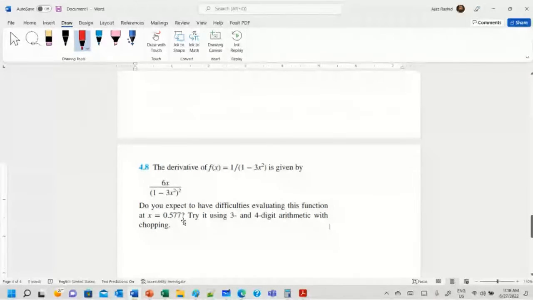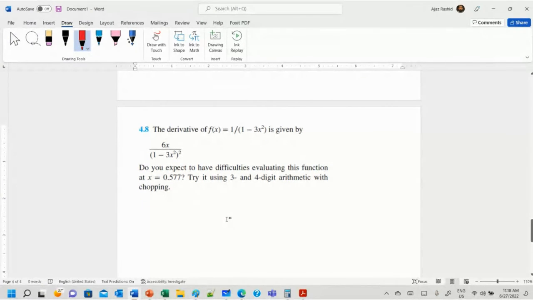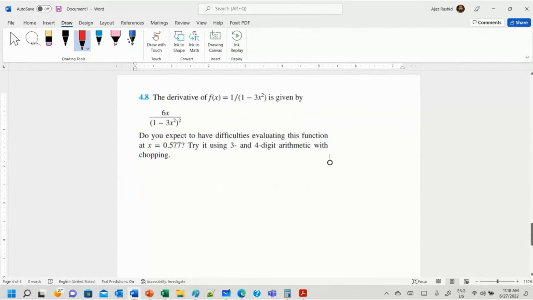Problem 4.8 says the derivative of the function is given by 6x over (1 minus 3x squared) the whole squared. That's the analytical derivative. Do you expect to have difficulties evaluating this function at x equal to 0.577? Try it using 3 and 4 digit arithmetic with chopping. Now we are doing chopping, not rounding. So let's see what we mean by 3 and 4 digit chopping.